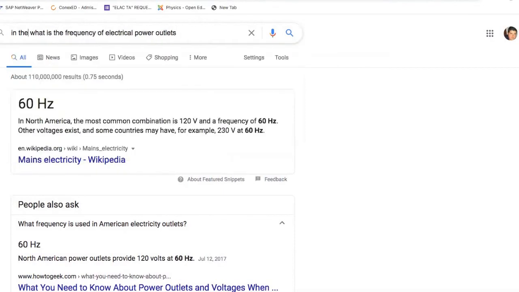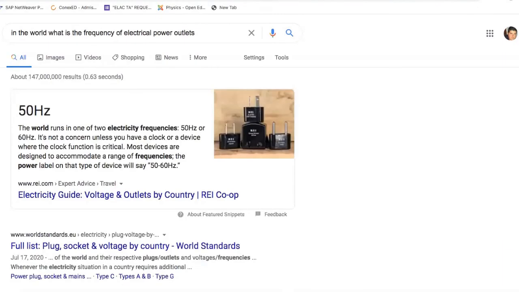The world runs on one of two electricity frequencies, 50 or 60. It's not a concern unless you have a clock or a device where the clock function is critical. Most devices are designed to accommodate a range of frequencies. The power label on that type of device will say 50 to 60 hertz.